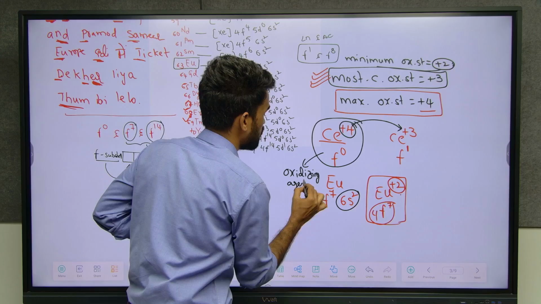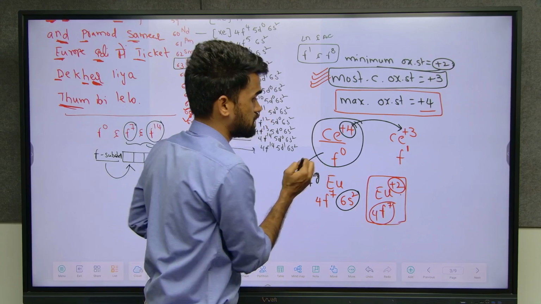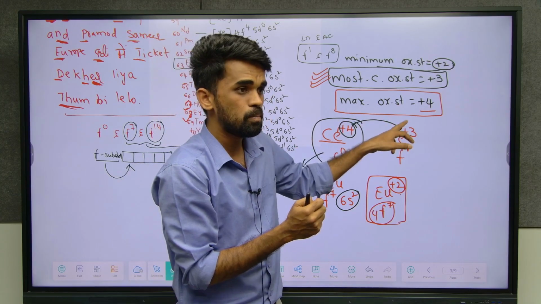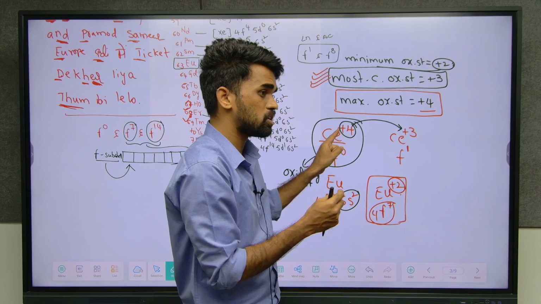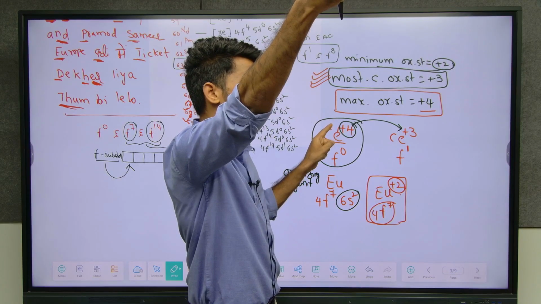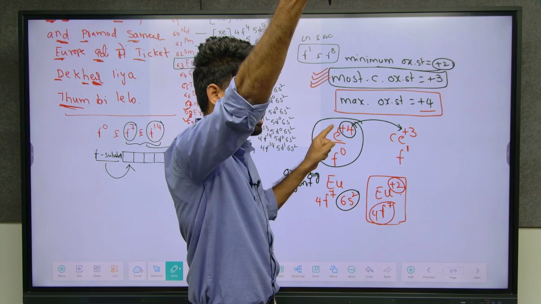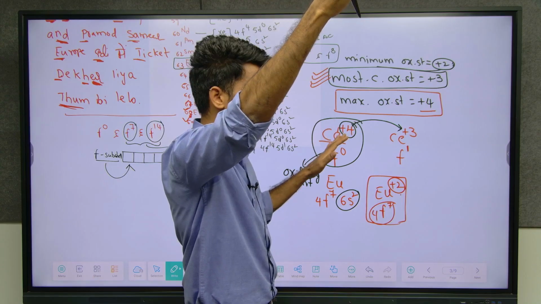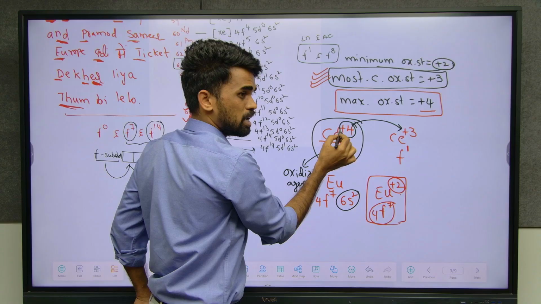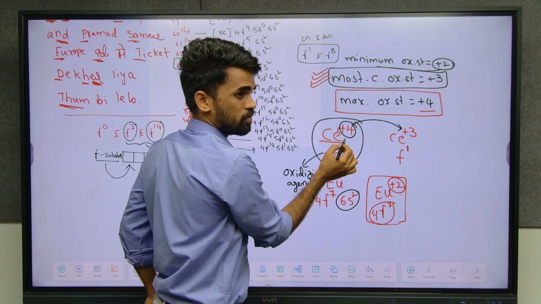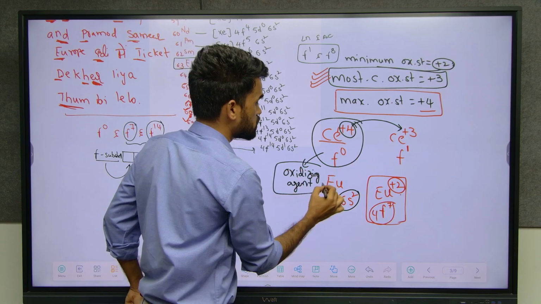Why will it act as an oxidizing agent? Because +4 converts into +3. So during this process it gains electrons, and the other species will lose electrons. So that species is undergoing oxidation, so we can call it an oxidizing agent. Therefore, cerium +4 compounds can be used in analytical chemistry as an oxidizing agent.